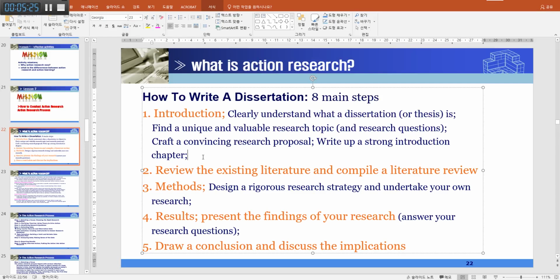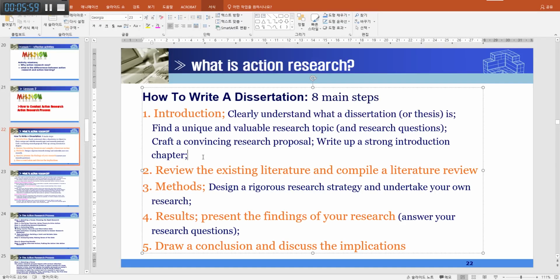It's all about answering the research question you presented in chapter 1. That's chapter 4, result. The final chapter is chapter 5. It's conclusions and suggestions. Based on the result, draw conclusions and discuss the meaning or implications of your research.